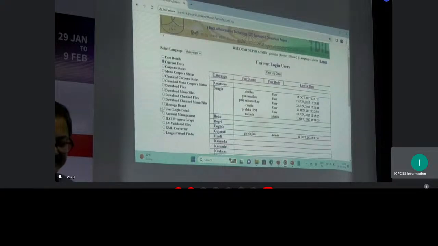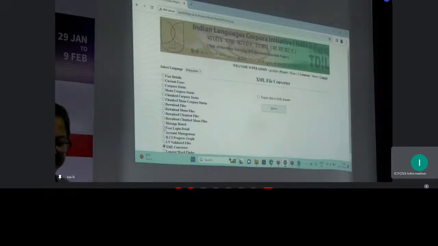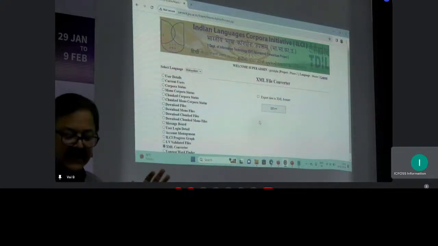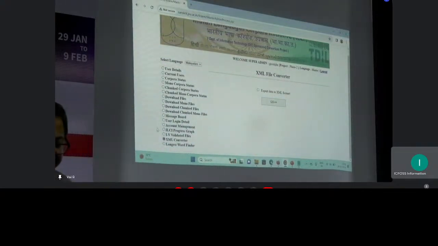I can see the details. The XML converter will export the Malayalam data in XML format, and then it will be sent to the university to produce it. And I can also find words.